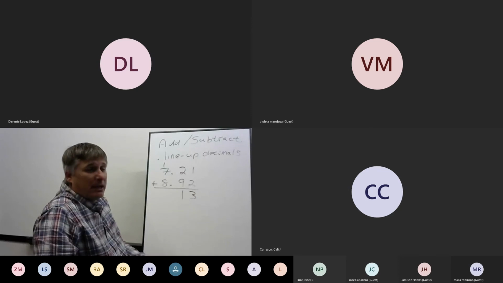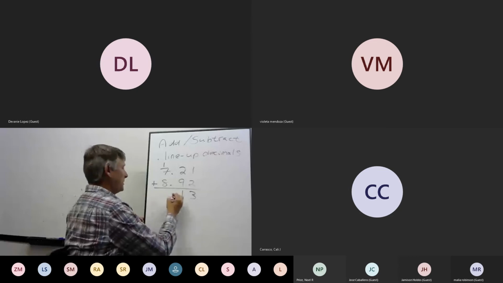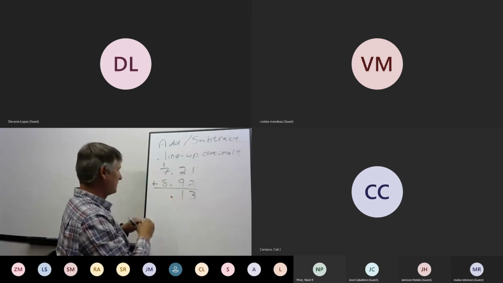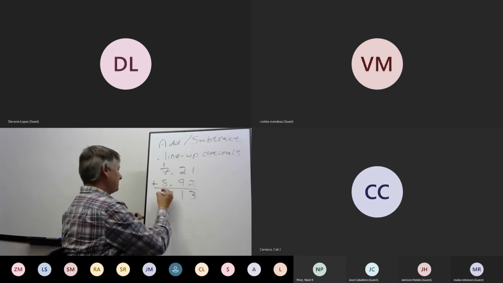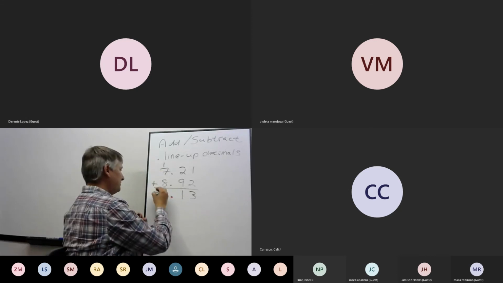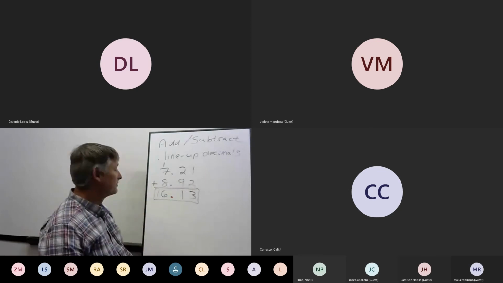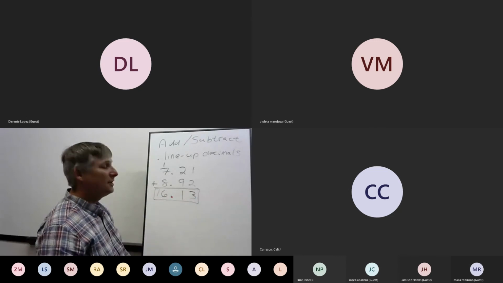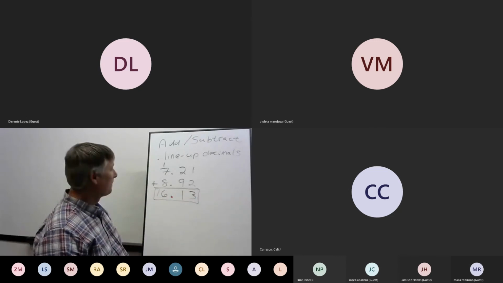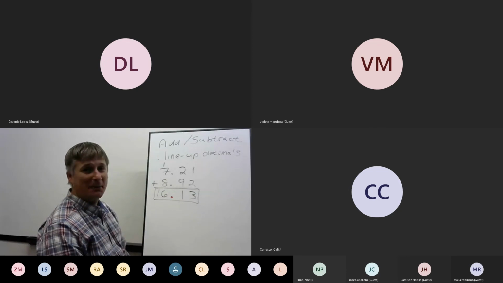We do this exactly like we do long addition. Don't forget to drop your decimal now. And then 1 plus 7 plus 8 is 16. And that's going to be your answer: 16 and 13 hundredths, in the hundredths place. Any questions about that?